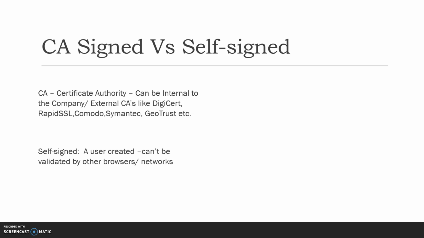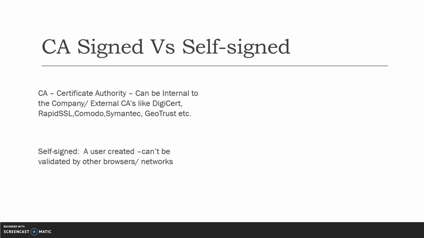It can be internal to the company, so the company's own server team or network team can manage that, or there can be external global certificate authorities like DigiCert, RapidSSL, Symantec, GoDaddy, and so on. If your company has its own internal certificate authority, they can validate you and create a certificate for you, or you could have it done externally by other companies.